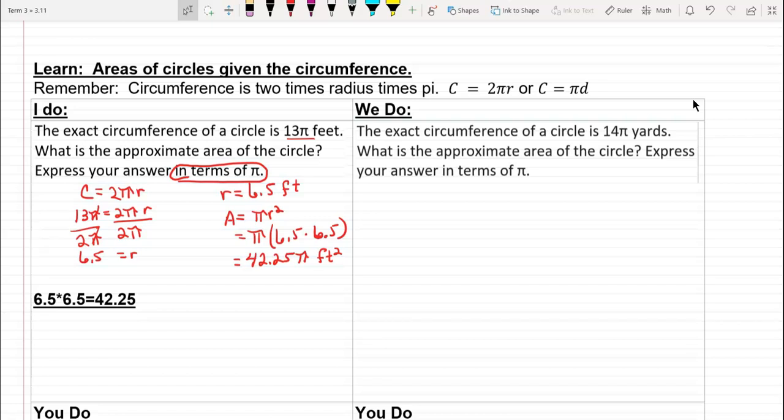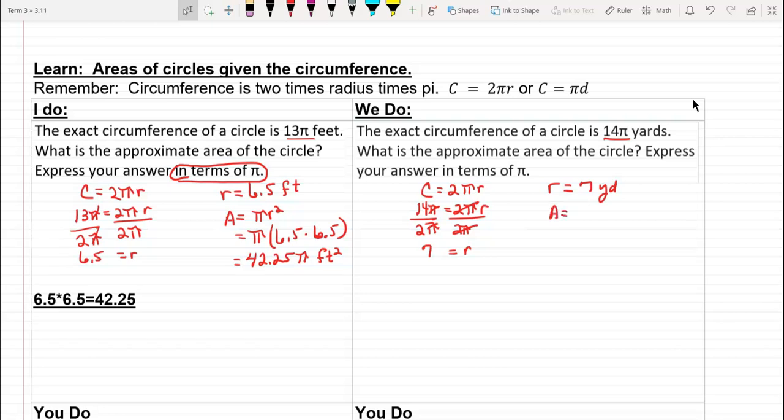Again, we're given a circumference, 14 pi. We're looking for the radius, so let's use our formula that has radius in it. Here we're given the circumference is 14 pi, so let's substitute that. We'll leave our 2 pi as it is. So let's divide by 2 pi. That leaves us with r equals pi divided by pi is 1. 14 divided by 2 would be 7. So we have a radius of 7 yards.